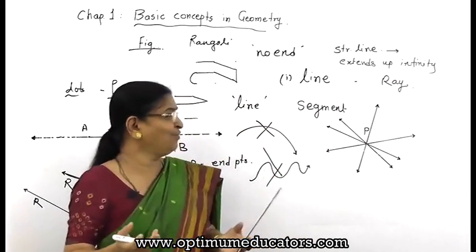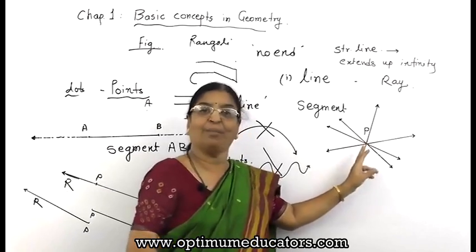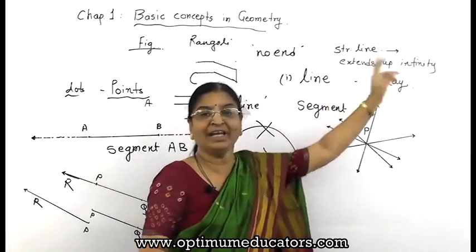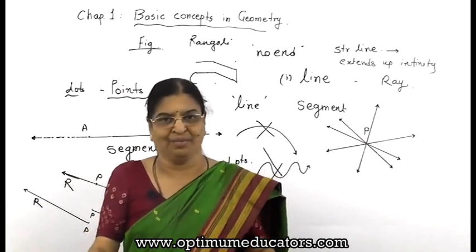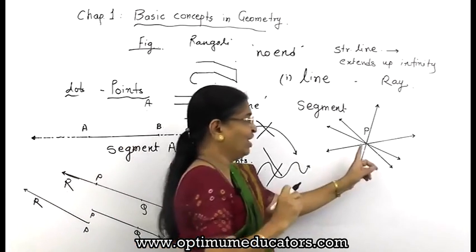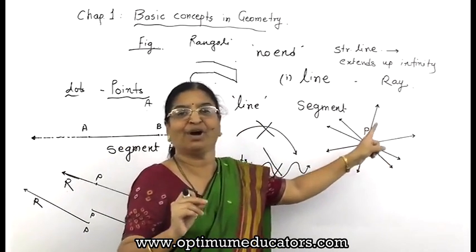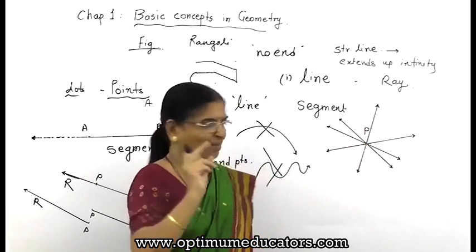I have drawn only 4 lines, but you can say that passing through a point there are an infinite number of lines. Infinity means you cannot count them. The counting will not end, and that is infinity. So, an infinite number of lines can be drawn passing through a given point.